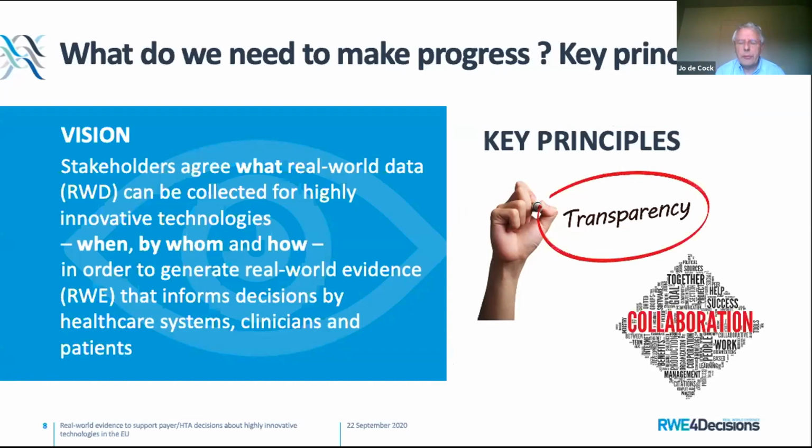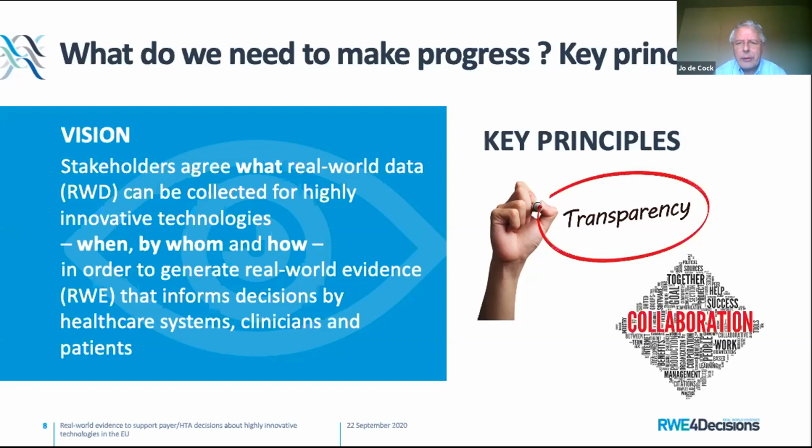The first one is collaboration. Collaboration in which we have to stress that real-world evidence and real data generation is a shared responsibility and should, of course, be pre-specified and planned with all the stakeholders.